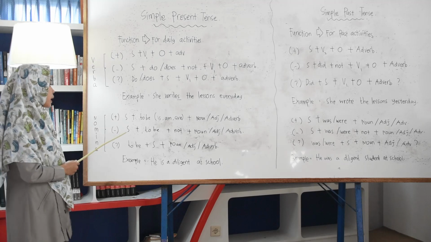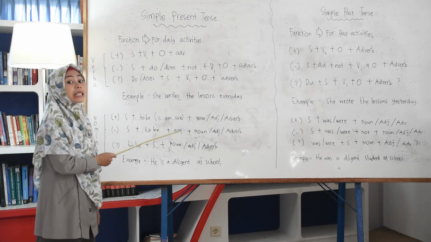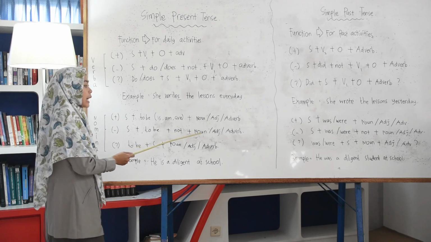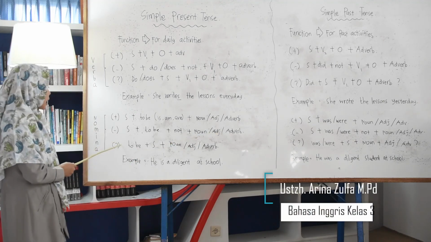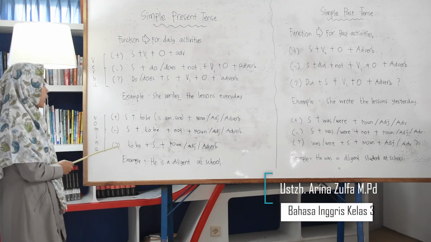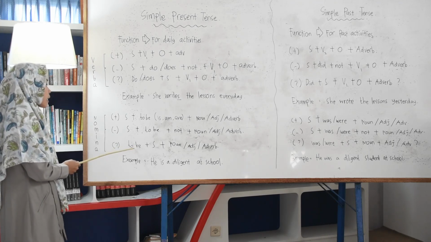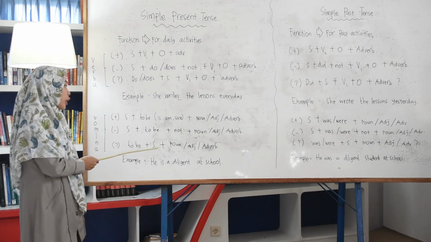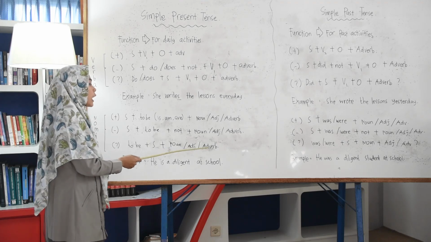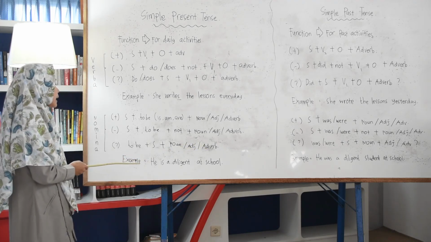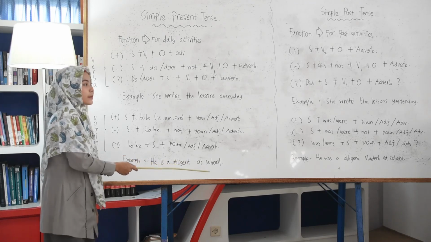The negative form is subject plus to be plus not plus noun, adjective, or adverb. And in the interrogative sentence, you can use to be in the beginning of the sentence, and then the subject, and then plus noun or adjective or adverb. For example, he is a diligent student at school.